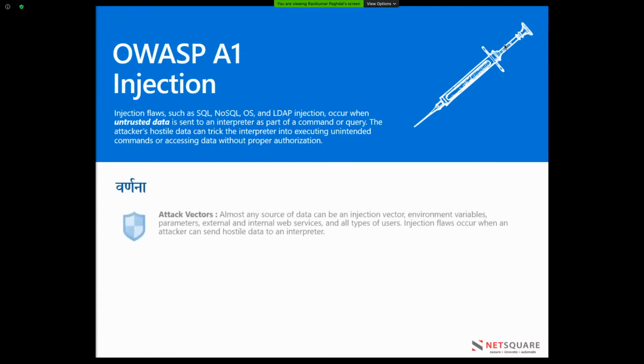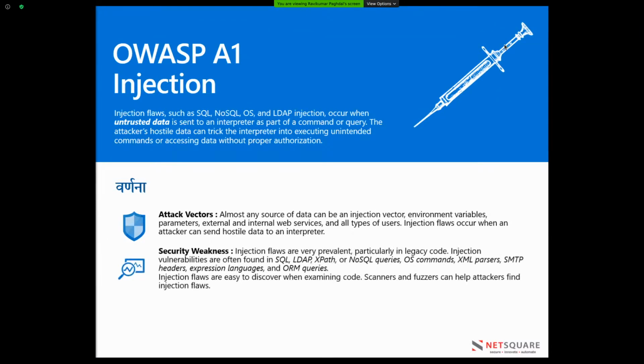In definition, as an attack vector, almost any source of data can be injected. Injection vectors are environment variables, parameters, external and internal web services, and all types of user-controllable resources. Injection flaws occur when attackers can send hostile data into the interpreter.